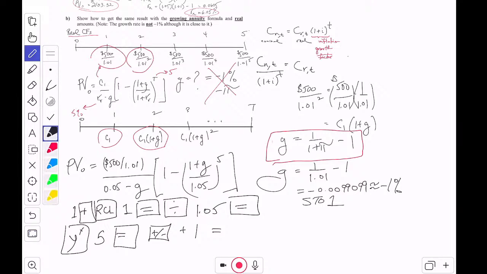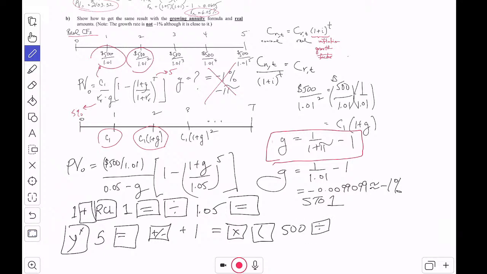So what we're going to do is then multiply by 500. Oh, let's use brackets. Multiply by open bracket 500 divide by 1.01, close the bracket.